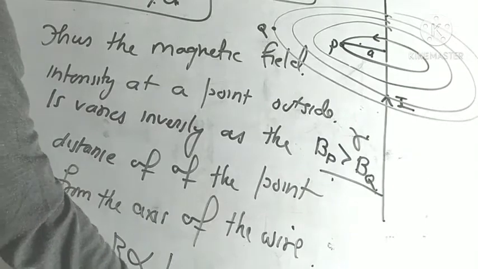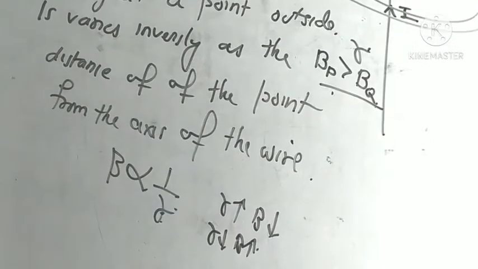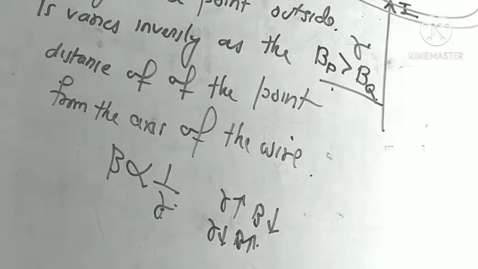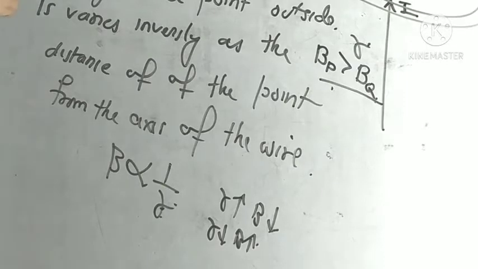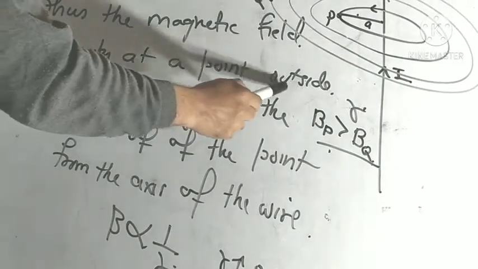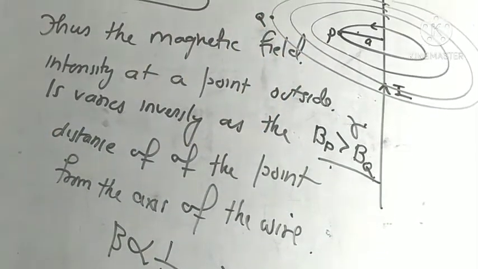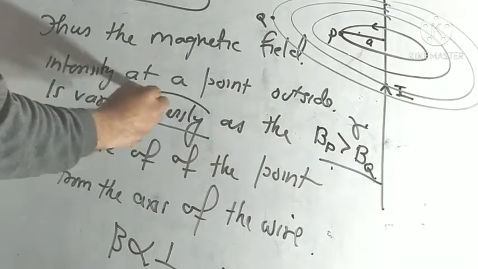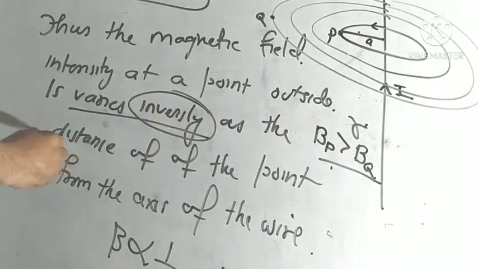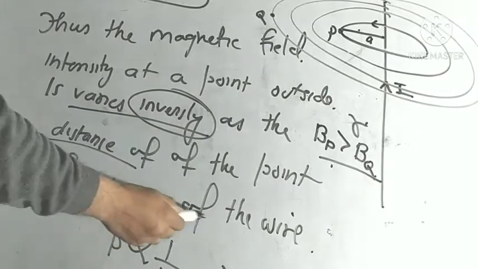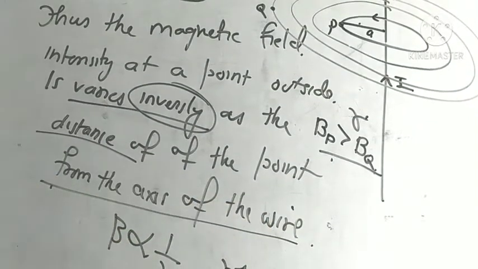If R decreases, the magnetic field increases. I repeat again: the magnetic field intensity at a point outside varies inversely as the distance of the point from the axis of the wire.